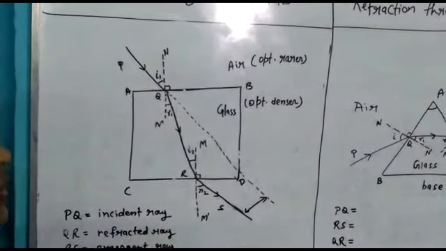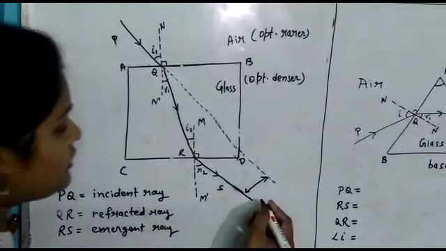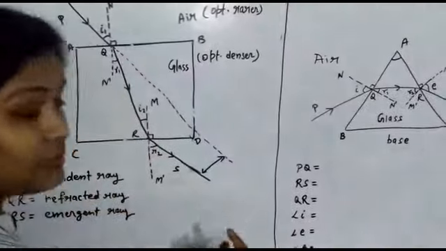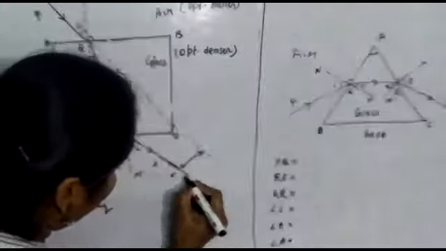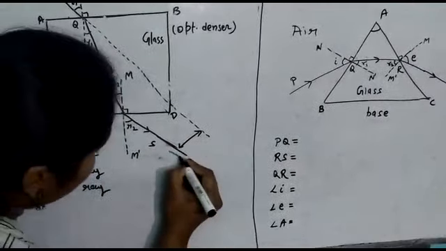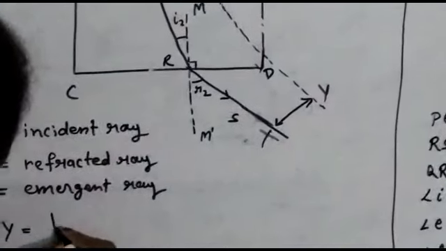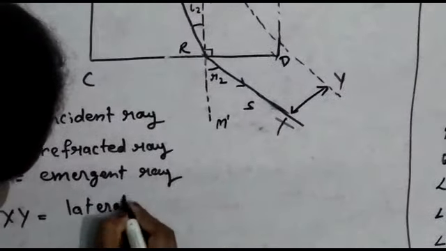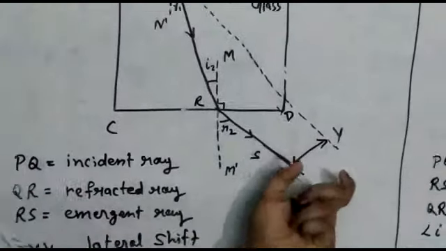This perpendicular distance between the incident ray and the emergent ray is called lateral displacement or lateral shift. Let's say this is XY. So XY is the lateral shift, or lateral displacement.